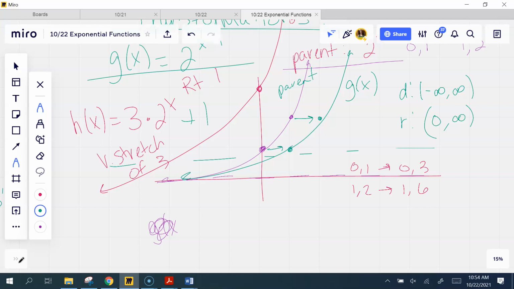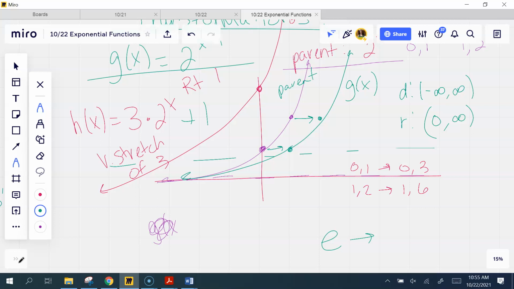What? We hadn't talked about e yet, though. I'm going to keep it in there, but I'm not going to talk to you much about it other than the fact that e is a number that can be represented.